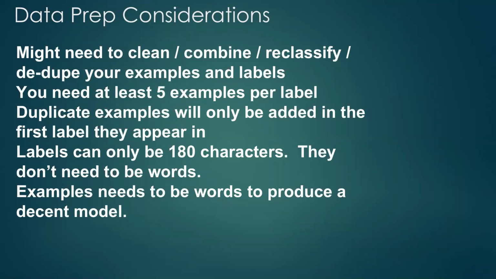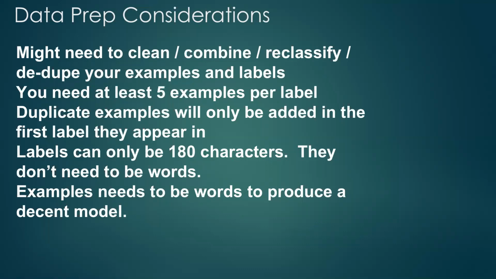Same thing with labels. The deduplication becomes very important because you need at least 5 examples per label, and duplicates don't count there. What Einstein will do is if you put duplicate data in there for your examples, it's going to grab the first instance of it and use it, and the subsequent instances that are duplicates are going to drop out and not get counted.